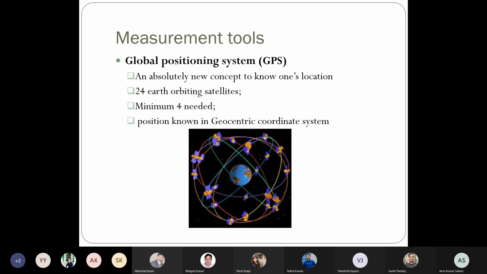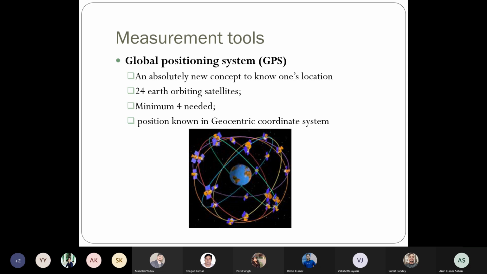Just see over here, around the Earth there is a constellation of satellites, revolving in fixed orbits and continuously sending signals towards the Earth's surface. A minimum of 4 signals are required to locate a point.